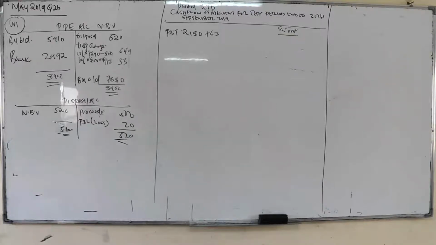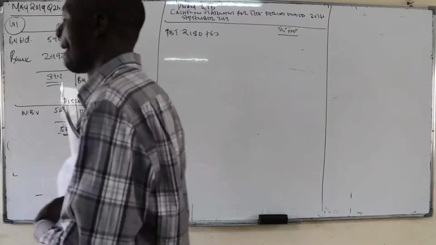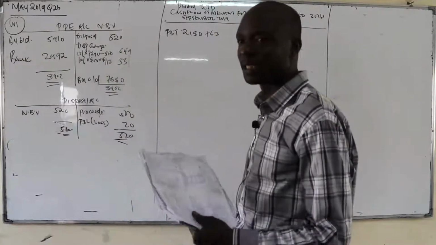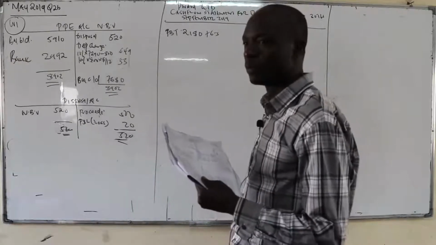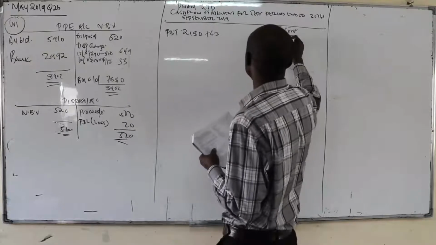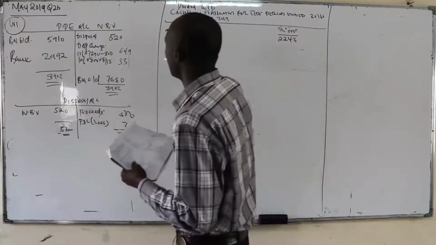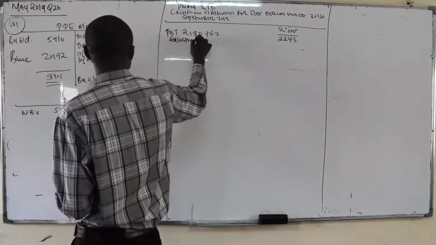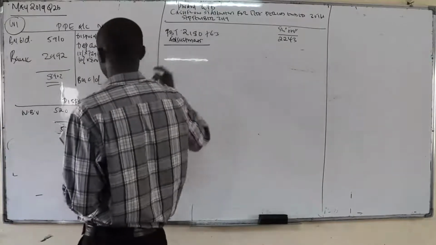So how much do you get? 2180 plus 63. 2243. And then here we get the adjustments for non-cash items and non-operating items.